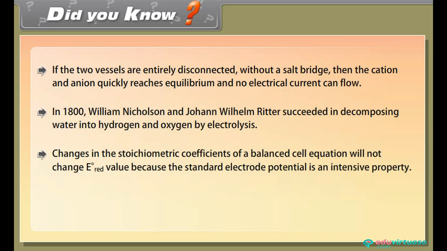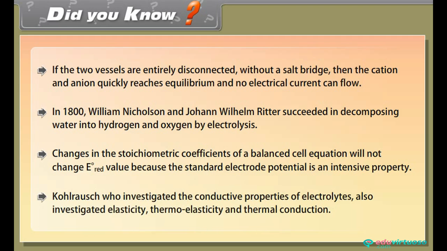Changes in the stoichiometric coefficients of a balanced cell equation will not change the E0 value because the standard electrode potential is an intensive property. Kohlrausch, who investigated the conductive properties of electrolytes, also investigated elasticity, thermoelasticity and thermal conduction.